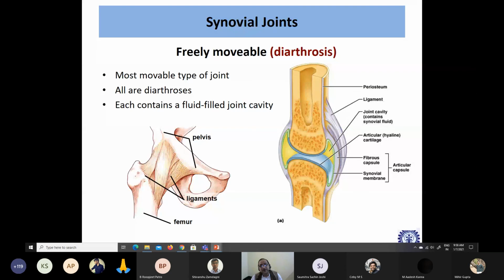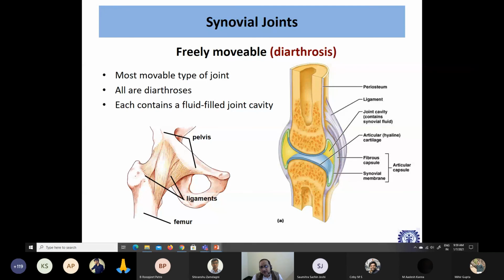Freely movable joints are most popularly known as synovial joints, and these are the joints that we will discuss more. The hip joint, the knee joint, and the shoulder joint contain a fluid within a joint cavity.